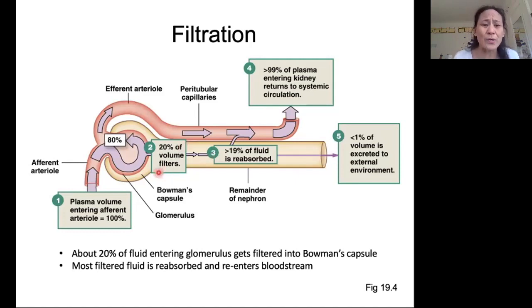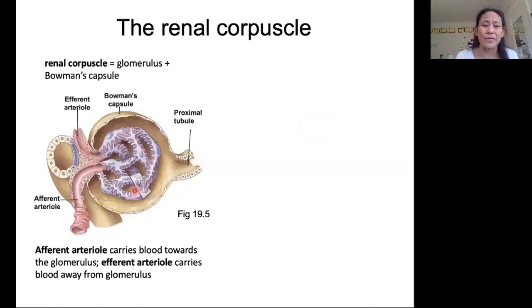Okay, so let's take a closer look at what happens here with filtration. Filtration happens at a structure called the renal corpuscle. The renal corpuscle is basically the glomerulus and Bowman's capsule, okay? I mentioned these in the last slide: we have an arteriole called the afferent arteriole that is going to carry blood into the glomerulus.